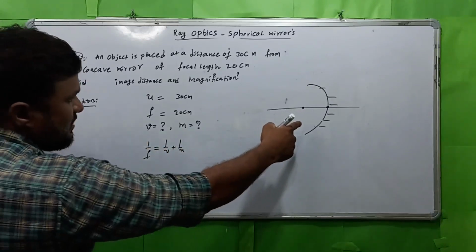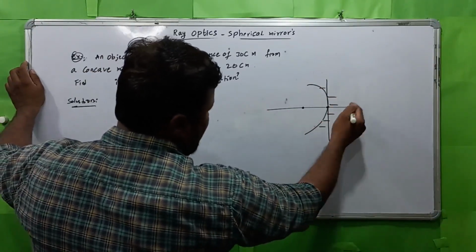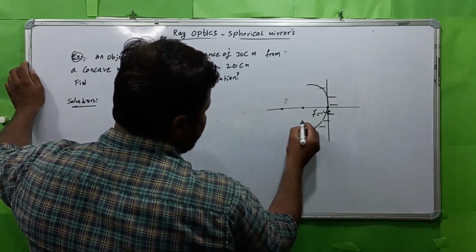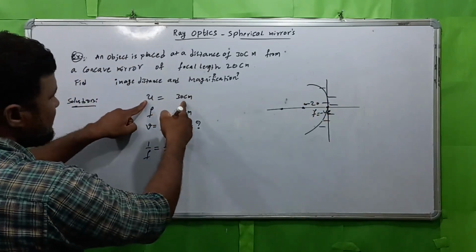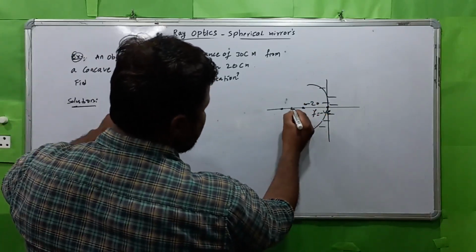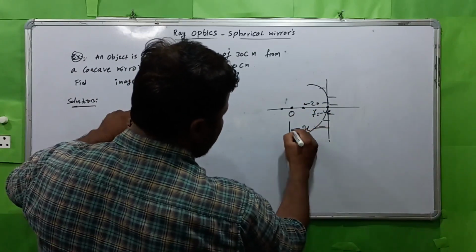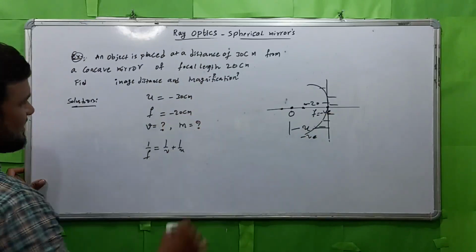According to sign convention, left side negative, right side positive, focal length taken as negative. Suppose object is here, focal length 20 centimeter given, object is kept 30 centimeter. So object will be here, O is the object, U is negative, F is negative.